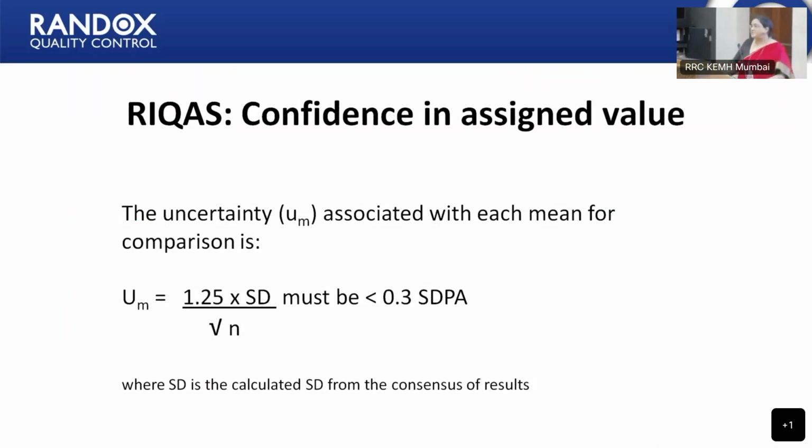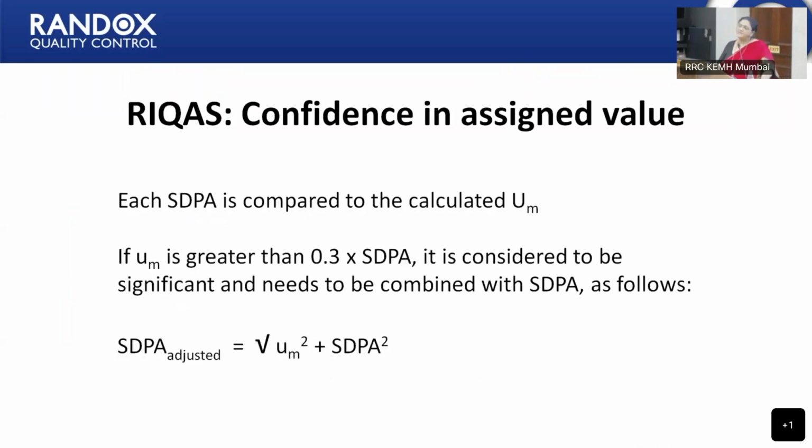The uncertainty of measurement should be less than 30% of the SD. If the uncertainty of measurement is more than 30% of the SD, then the uncertainty is combined with the SD with the formula root of uncertainty of measurement square plus SDPA square.